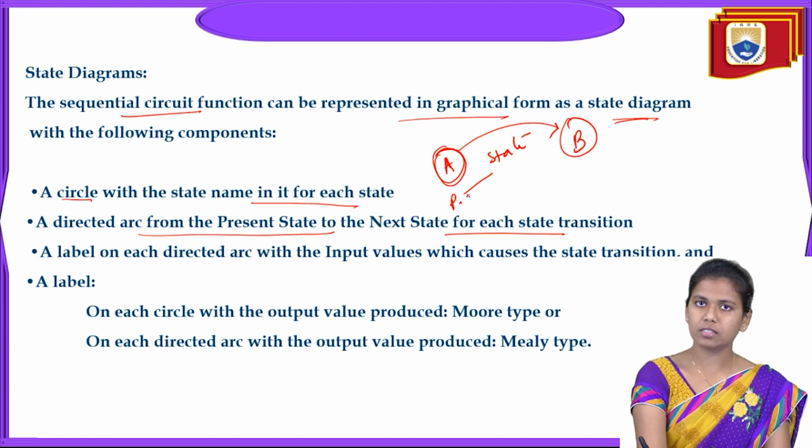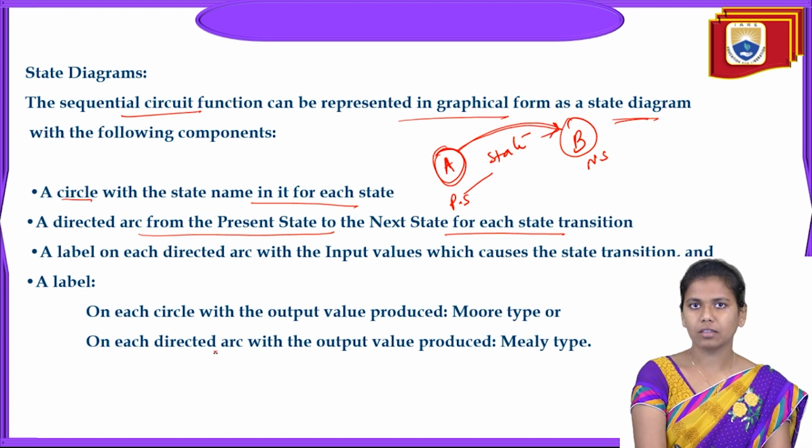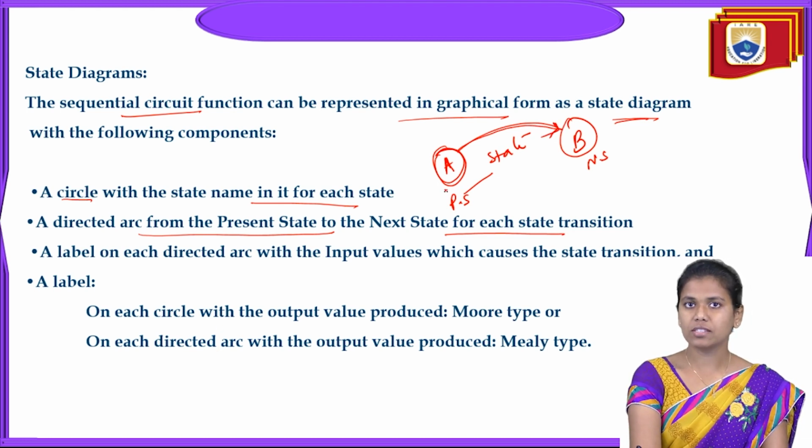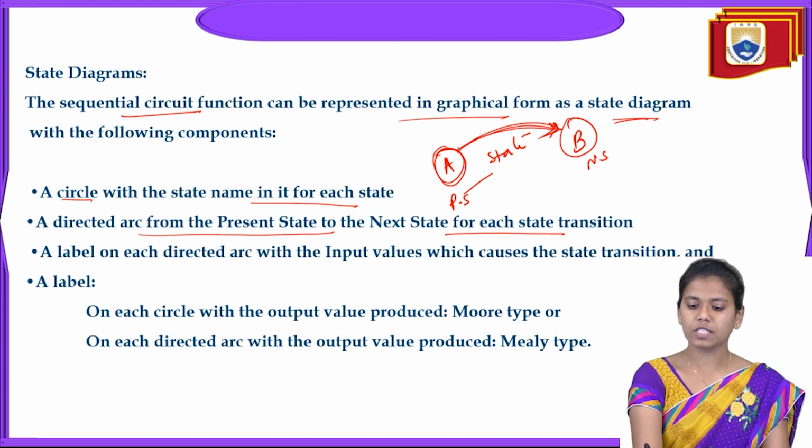My present state is A and my next state is B. If the transition is taking place from A to B, then the direction can be given as a simple arc. This transition from state A to state B, that is from present state to next state, can be directed with an arc. That shows that the transition is taking place from A to B.